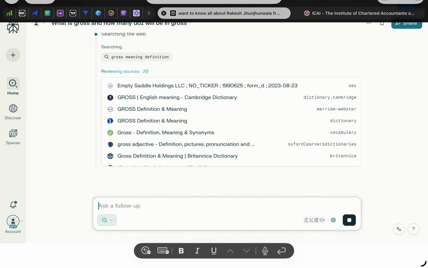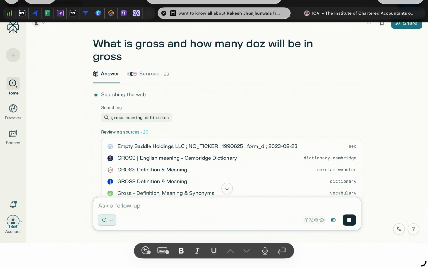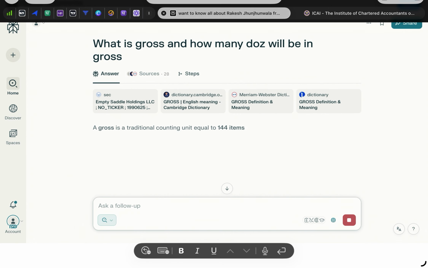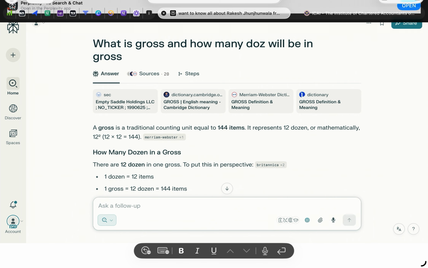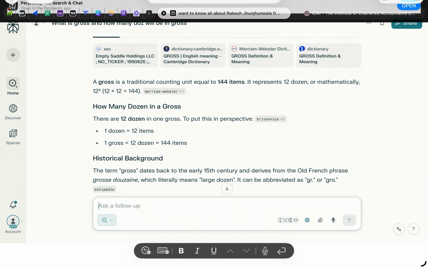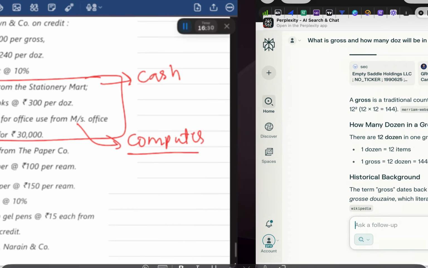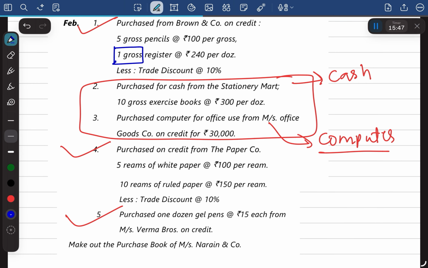So it's searching on the web. A gross is a traditional counting unit equal to 144 items. It represents 12 dozen. So in one gross there are 12 dozen. Understand? Okay, thanks for it. One gross means 12 dozen.